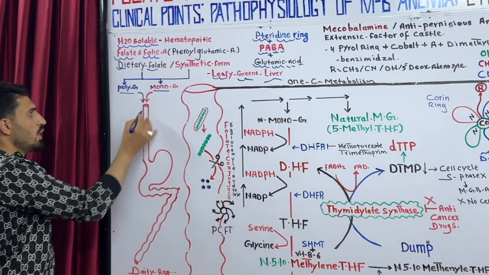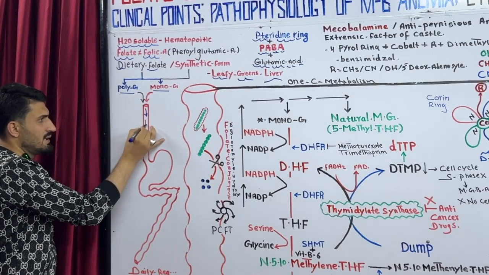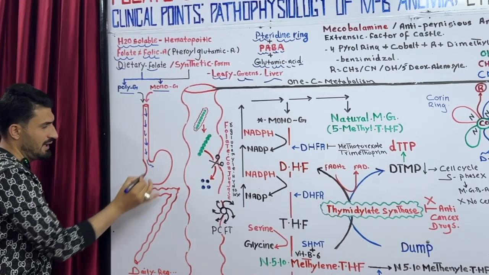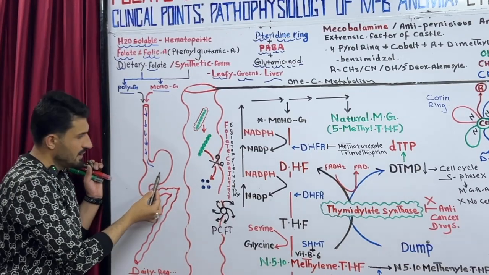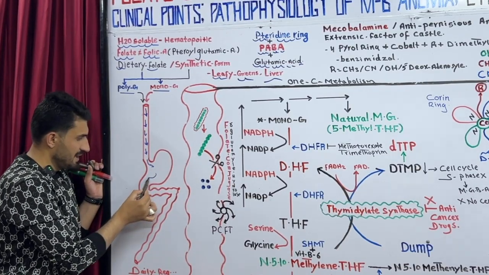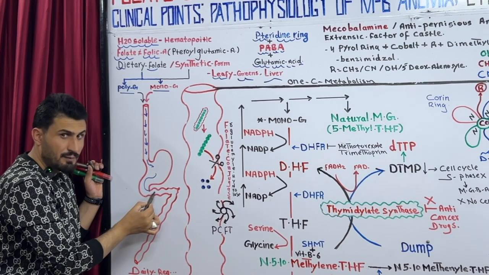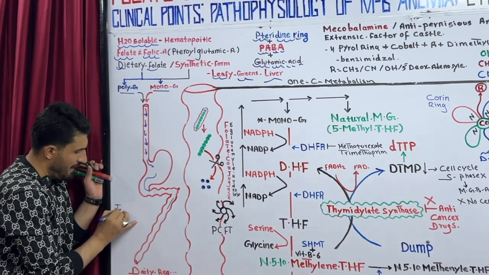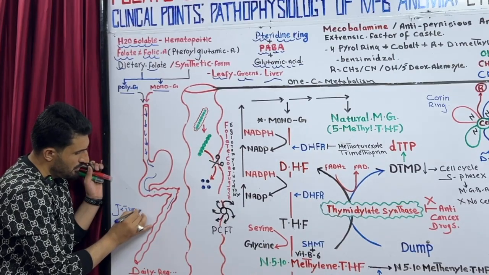Now, when we eat folic acid or folate, okay, it comes to the stomach. Then from the stomach we have the duodenum, the first part of the small intestine. Then we have the jejunum.